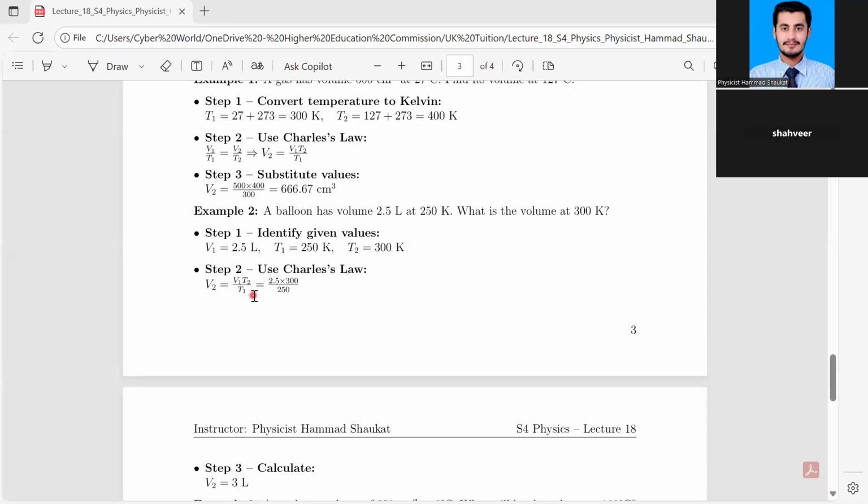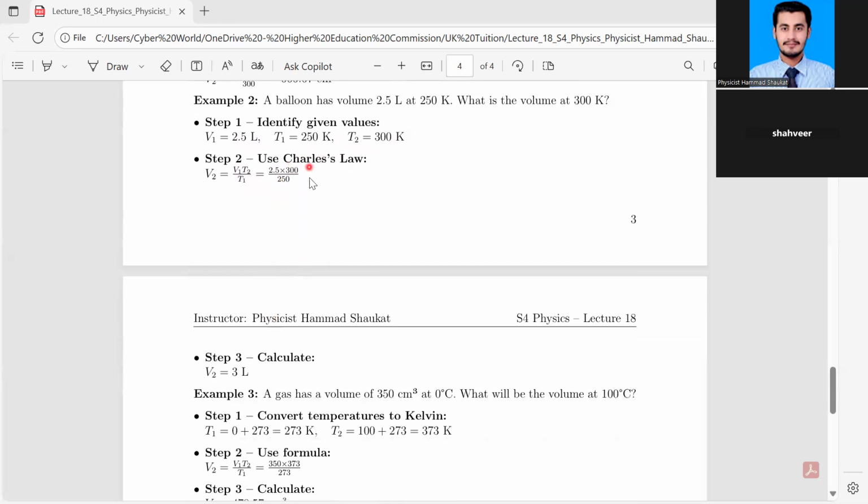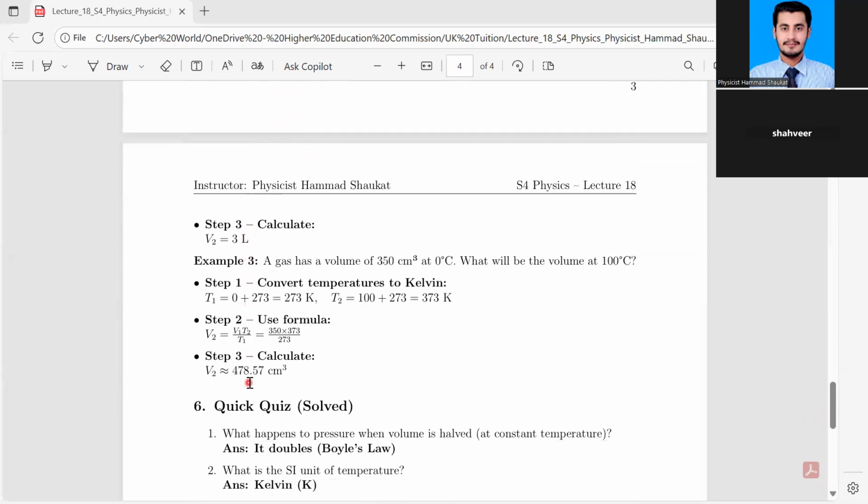Simply put the values for V1, which is 2.5, T2, which is 300, divided by T1, which is 250, and you will get your answer. Using a calculator, you will get 3 liters. Because our initial volume is given in liters, our final volume would also be in liters. Any questions?